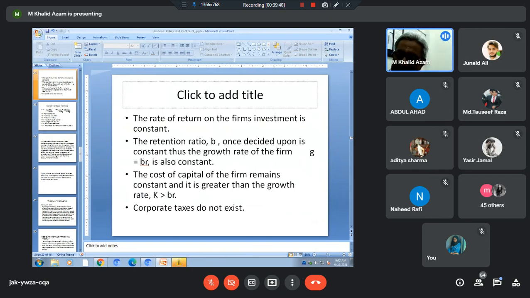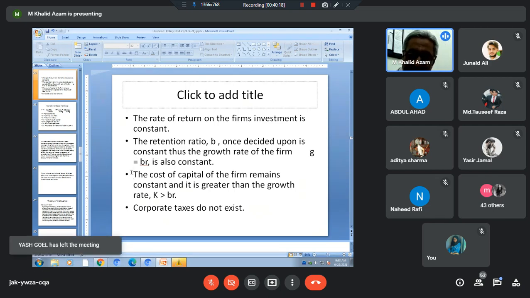Somewhere you will find they write G in the formula, or somewhere they write B into R. This is the amount which you have retained, and this is the rate you are going to apply on that. He says that this G, the growth rate, is going to be constant, so he has assumed that. So this is the relationship between the DP ratio, the retention ratio, and the growth, that is the calculation of G.